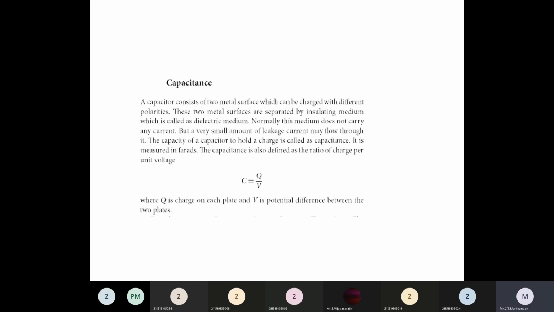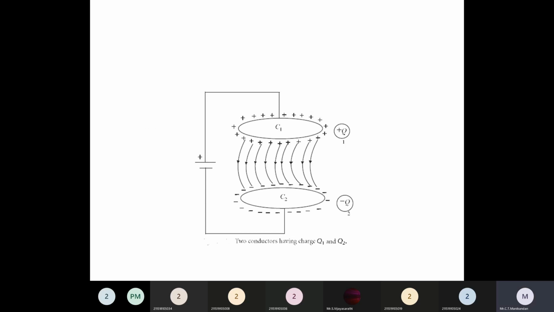The capacitor is nothing but two parallel plates separated by a small distance, two equal and opposite charges, and in between we have the dielectric medium. The unit of capacitance is farad.